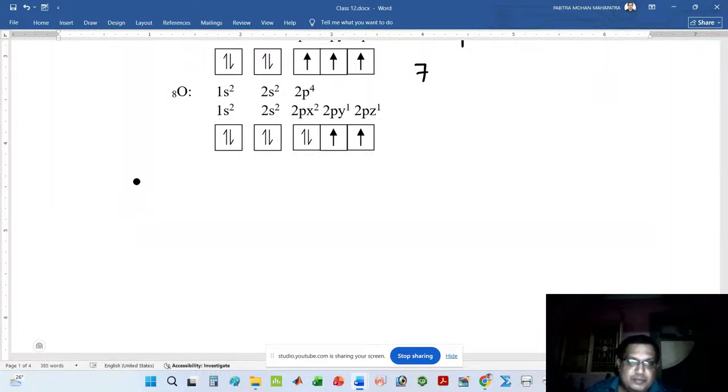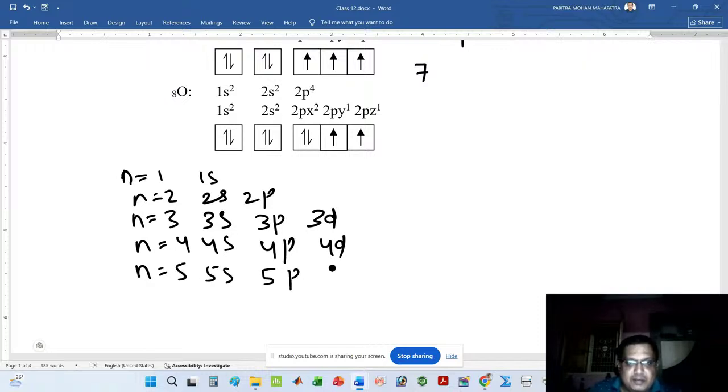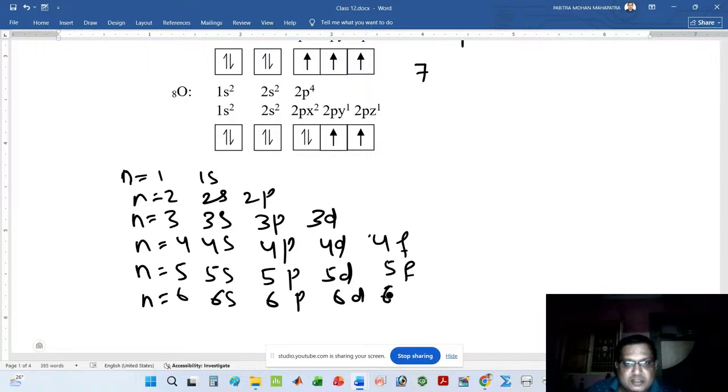From the above principle, I can say that n is equal to 1, 1s; n is equal to 2, 2s, 2p; n is equal to 3, that is 3s, 3p, 3d; n is equal to 4, that is 4s, 4p, 4d, 4f; n is equal to 5, that is 5s, 5p, 5d, 5f; n is equal to 6, 6s, 6p, 6d, 6f.